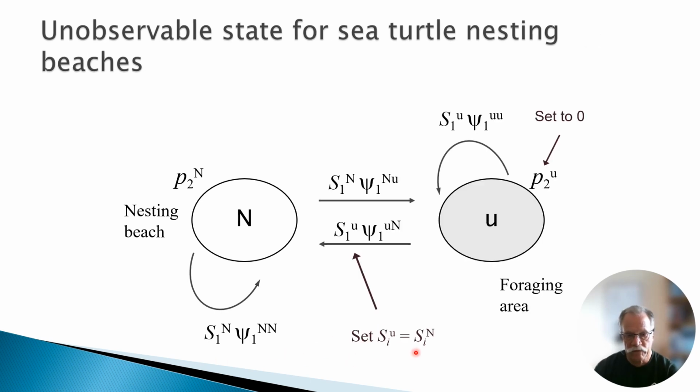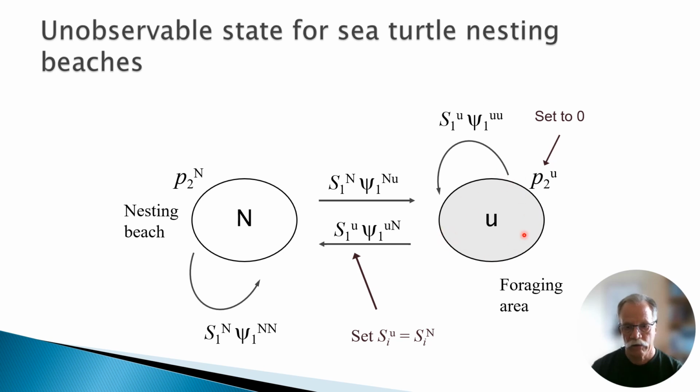That assumption is, if we set the probability of survival during that unobservable state equal to the probability of survival based on the nesting state, now we can use that nesting state survival to estimate the proportion that moved from nesting to unobservable, and we can use that to estimate the probability of moving from unobservable to nesting.